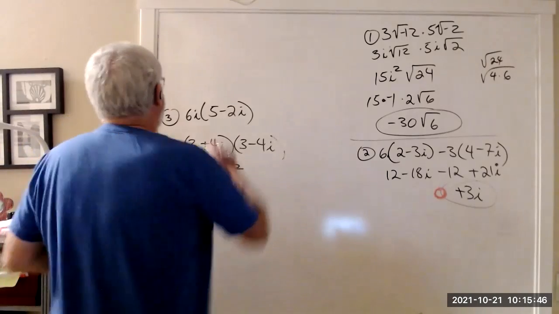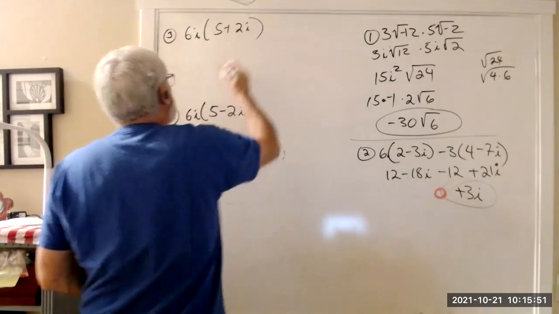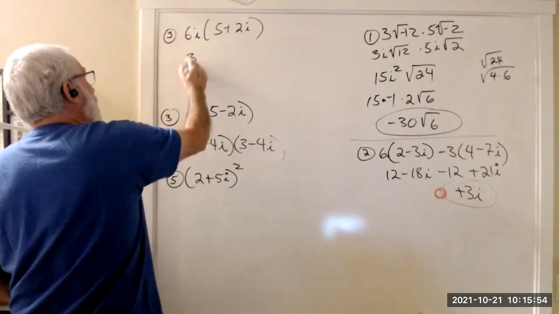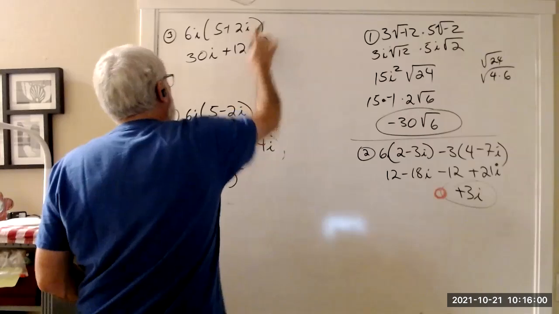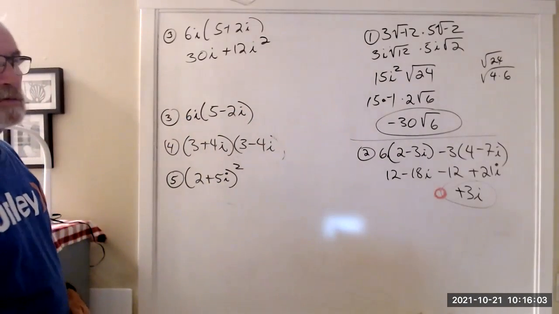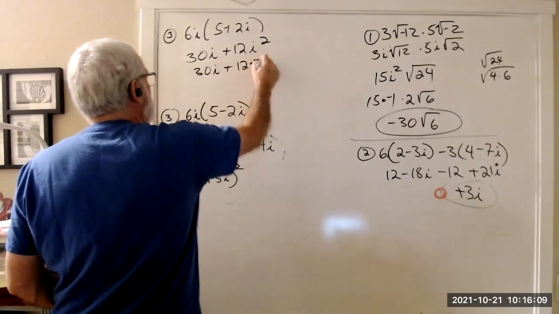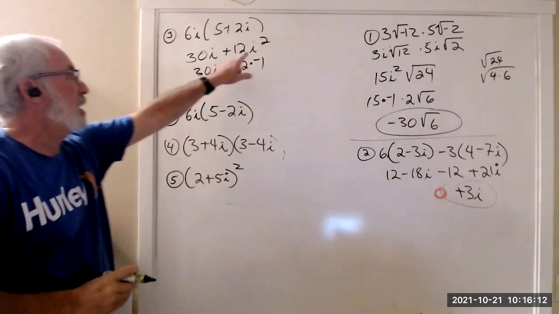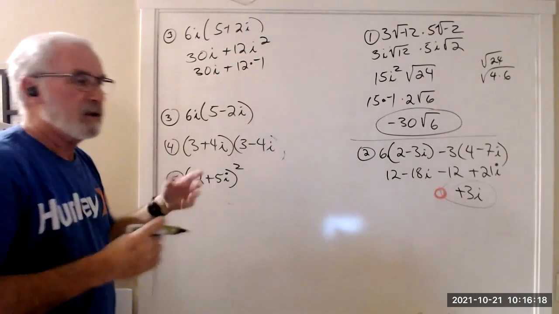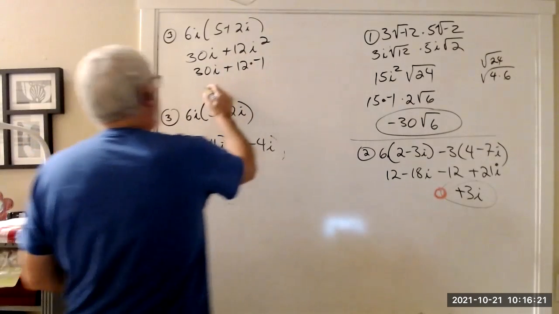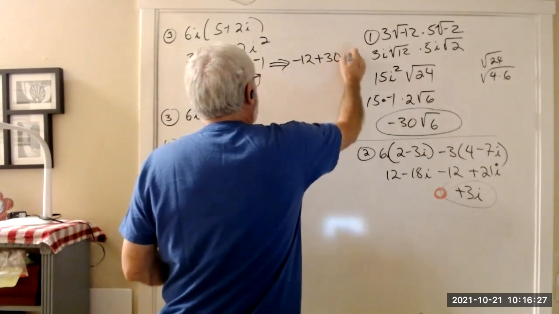Number 3, we had 6i times 5 plus 2i. This is straight distribute. So this is 30i plus 12i squared. Seems pretty simple. This is 30i plus 12 times -1. Remember, always simplify i to the second power as -1. This is -12 plus 30i.